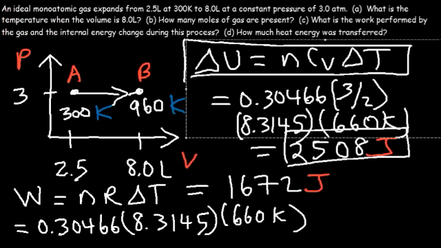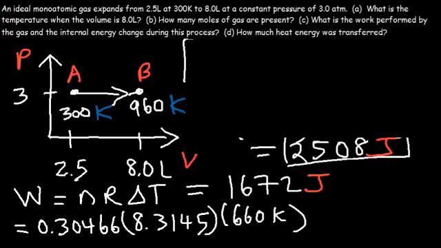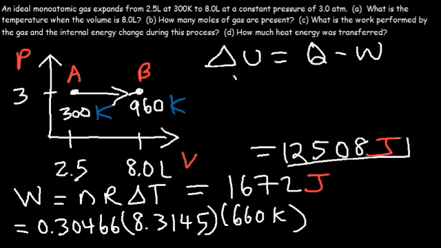So first, let's make some space. One equation that we can use is the equation associated with the first law of thermodynamics. Delta U is equal to Q minus W. Therefore, Q is delta U plus W, since we have those two values.